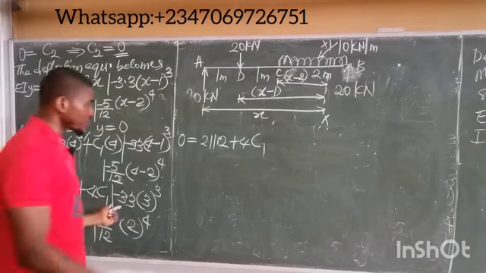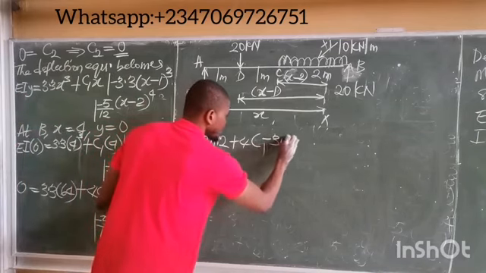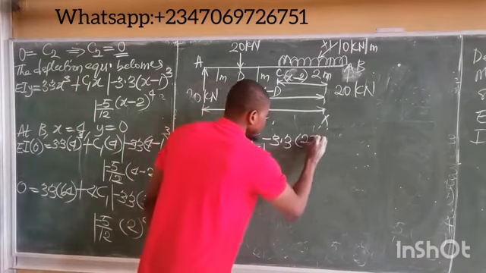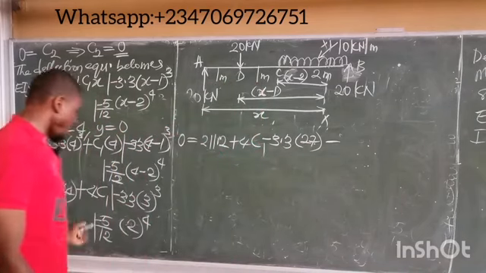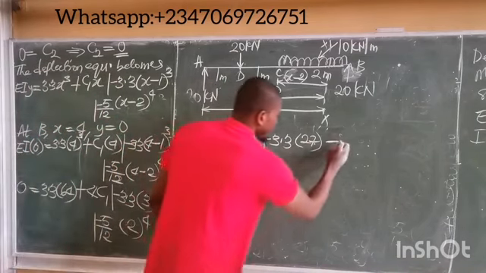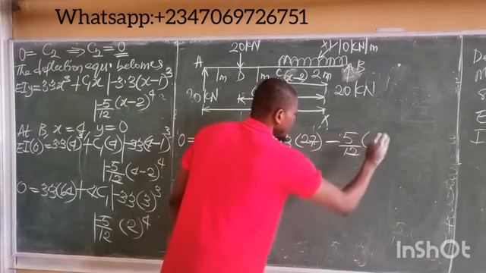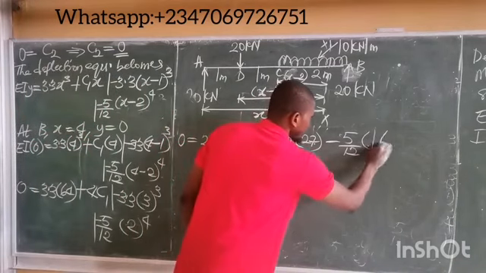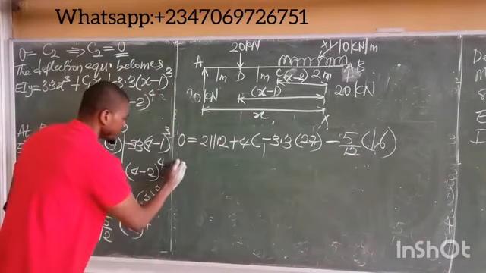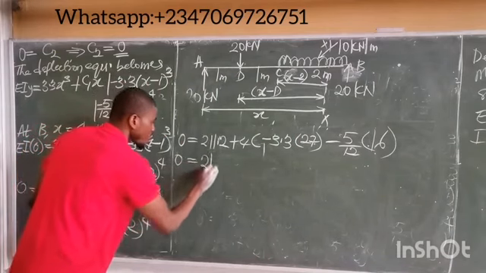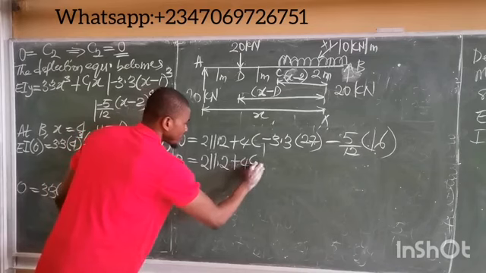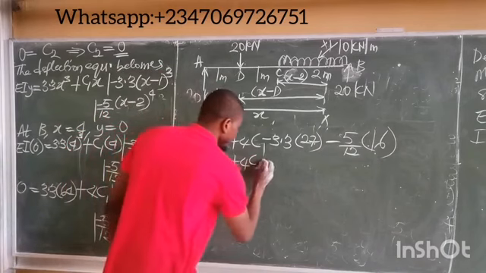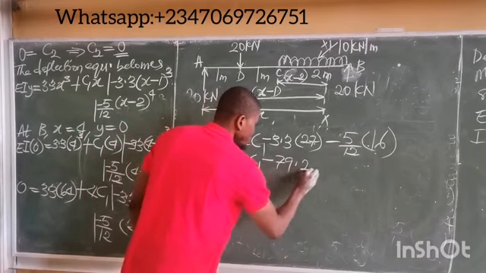We simply have minus 3.3 into 3 to the power of 3, which is 27, so that gives us minus 79.2.